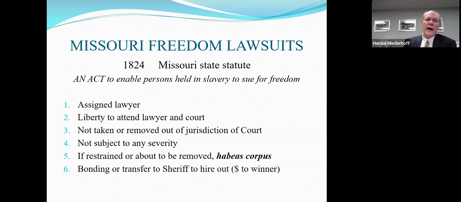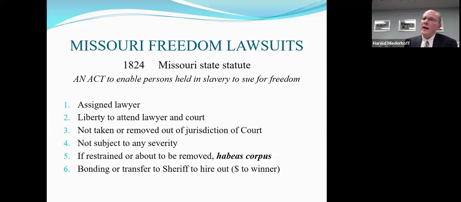But the statute did provide that the slave would be assigned a lawyer. Obviously, most slaves didn't have money to hire their own legal counsel. So the statute said, well, we'll provide the lawyer so that the slave can pursue their freedom, or at least present their case and let the judge decide whether or not they should be free.